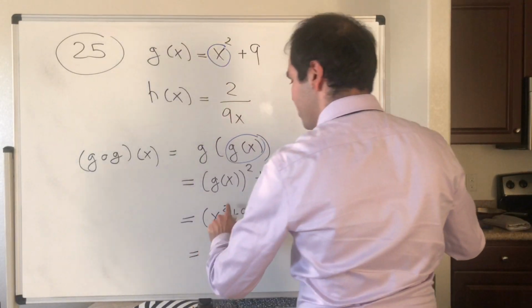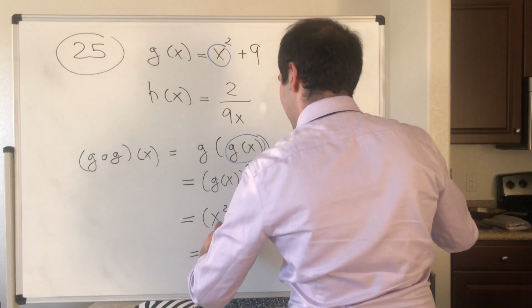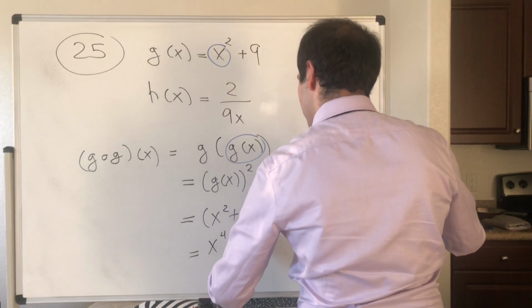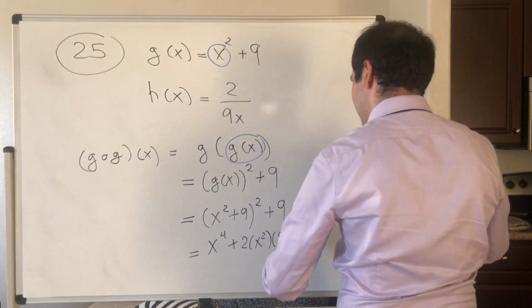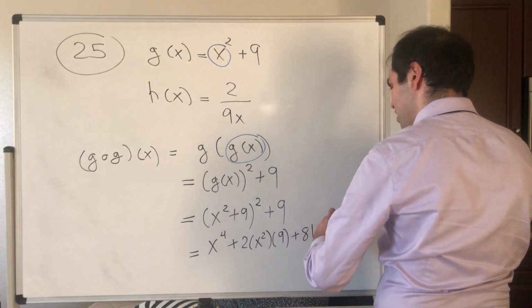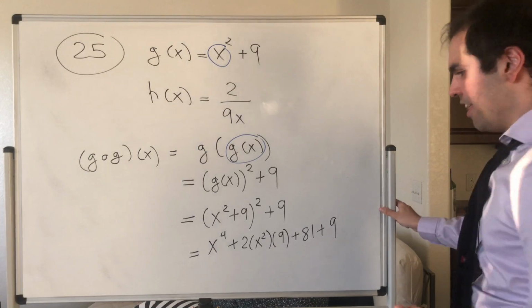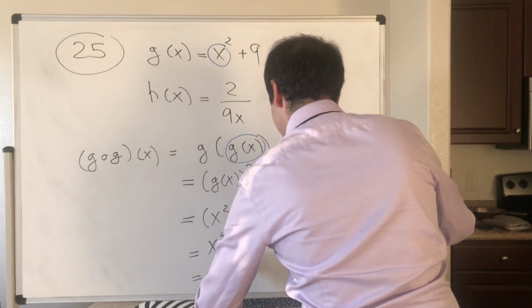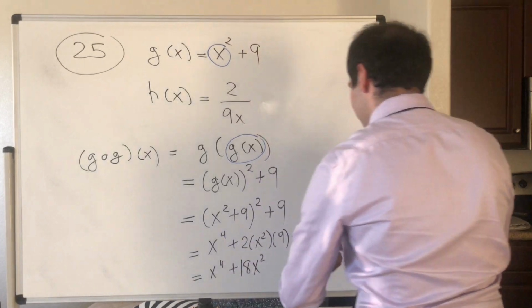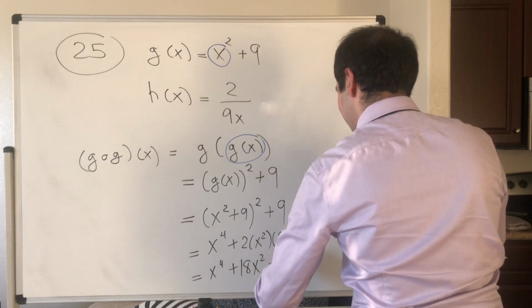So this becomes x squared squared, so x to the 4th, plus 2 times x squared times 9, plus 9 squared, which is 81, plus 9, and then you're left with x to the 4th plus 18x squared, and 81 plus 9 is 90.